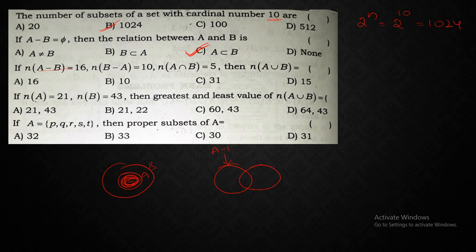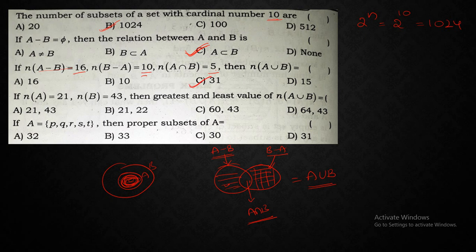This part only A is represented as A minus B, this only B is represented as B minus A, and this part is A intersection B. The combination of these three is nothing but A union B. So n of A minus B plus n of B minus A plus n of A intersection B gives me n of A union B. If you add all these, 16 plus 10 is 26, 26 plus 5 is 31. So the answer is 31.